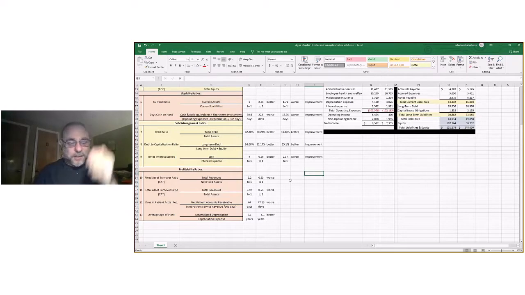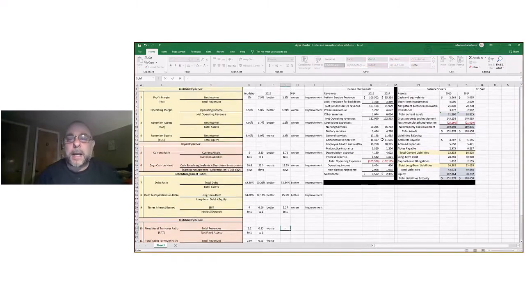Okay, so let's continue with the remaining ratios. For the fixed asset turnover ratio we want our total revenues divided by net fixed assets. So let's find the total revenues. We've got net operating revenue of 102,565, but there's another one at the bottom, don't forget.